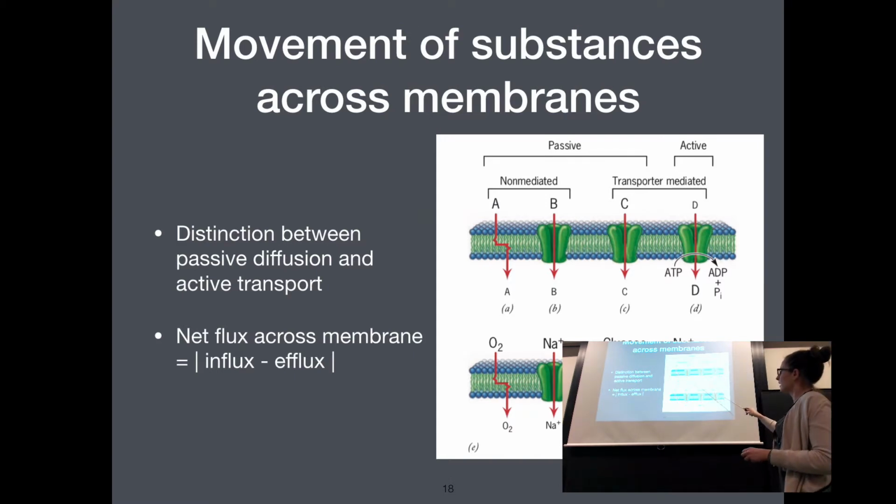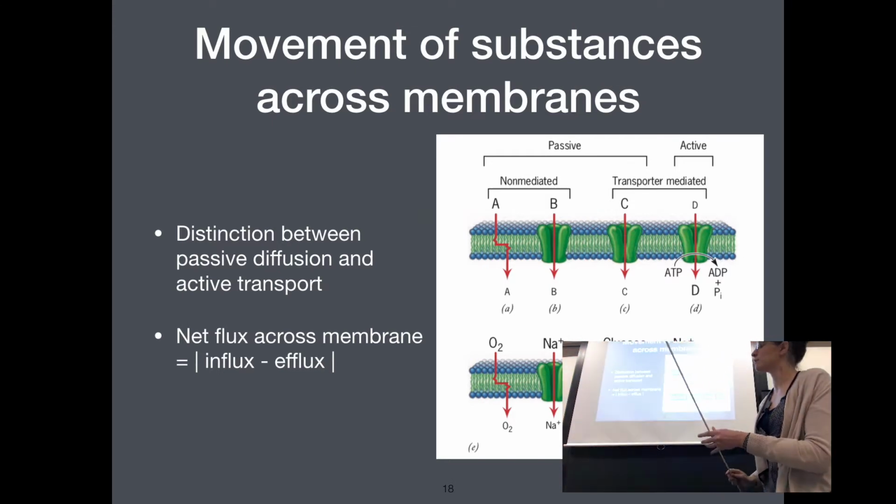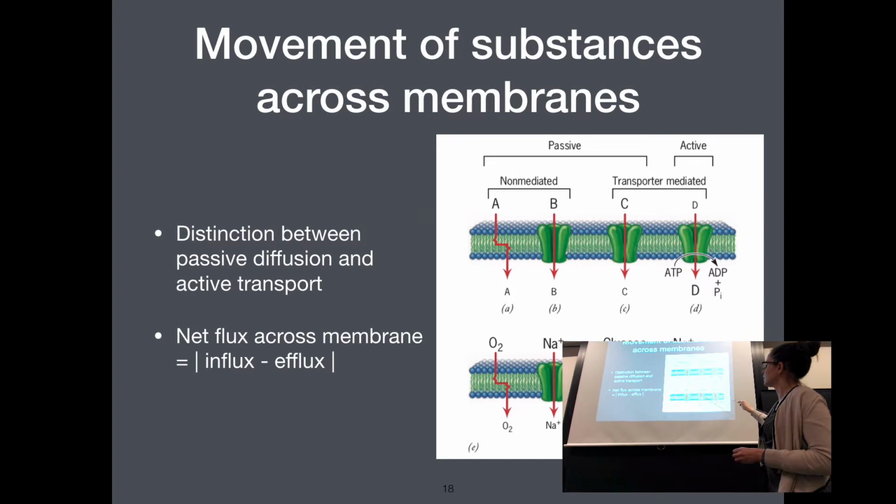Non-mediated means that the compound is able to go through the membrane directly, as with a molecule like dioxygen, because it's relatively hydrophobic, so it can go through the membrane without the intervention of any membrane protein. On the other hand, ions will be transported through dedicated pores called ion channels, but it can also be other types of molecules.